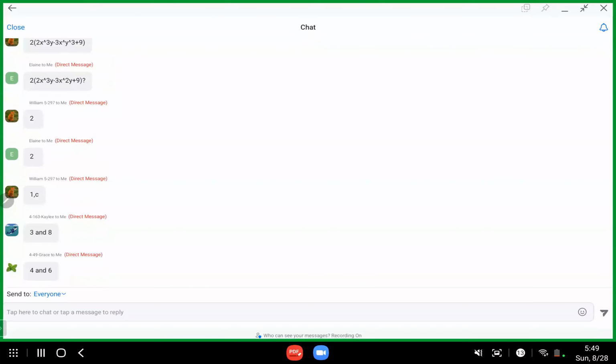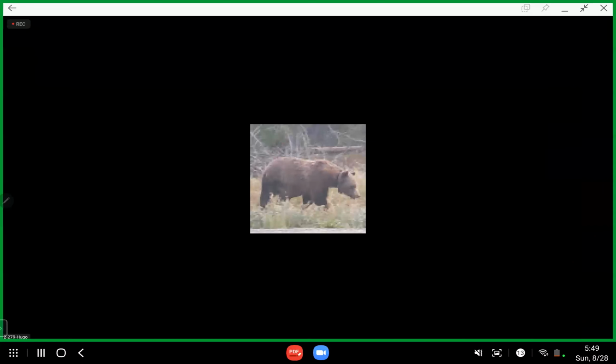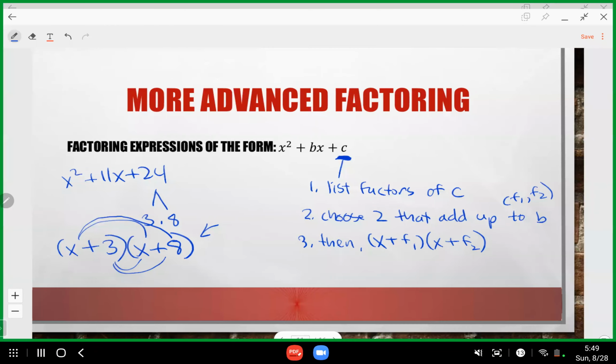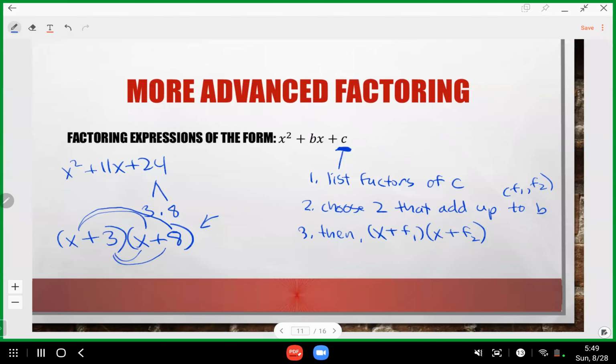Wait, how did the 3 and 8 end up right there? Like x squared plus 11x plus 3 times 8. How did you distribute the x? Okay, with this form, don't use it with 3x squared plus 11x plus 24. It wouldn't work.